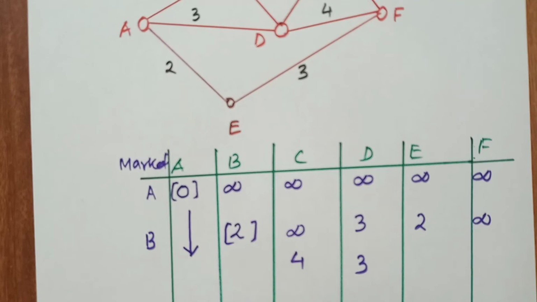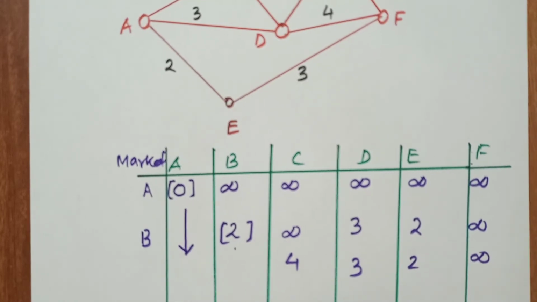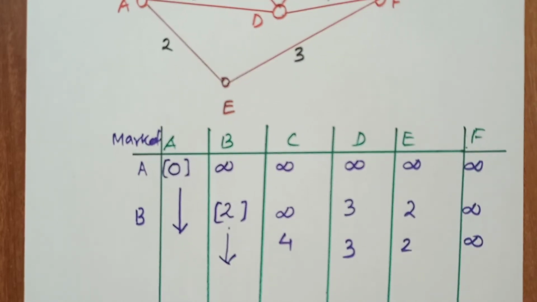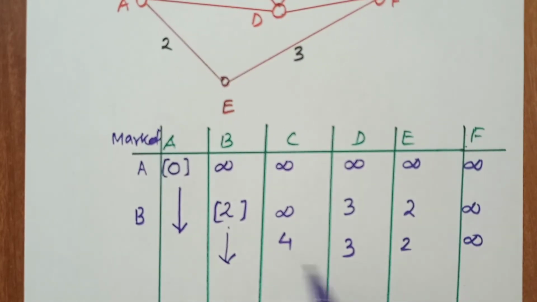Now these will not change because they are not directly connected, so we will copy 2 and infinite. No need to touch B because B has been completed. Now you see very carefully in these values, what is the minimum? 2 is the minimum.